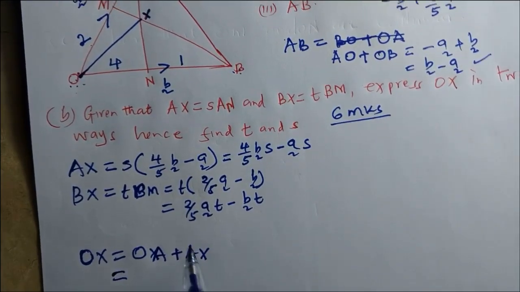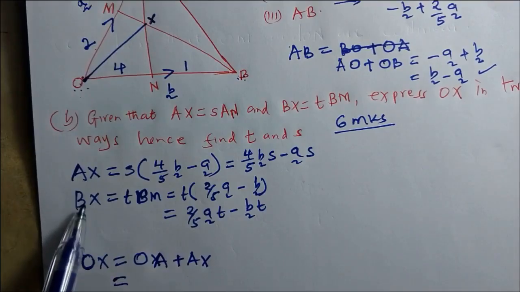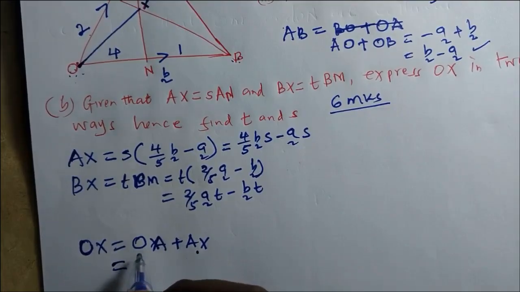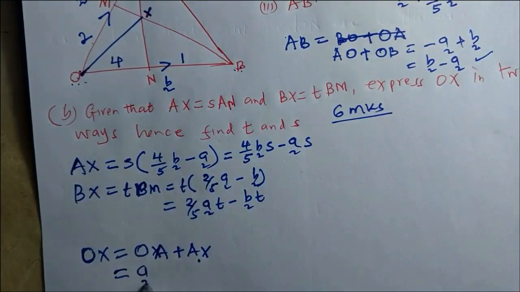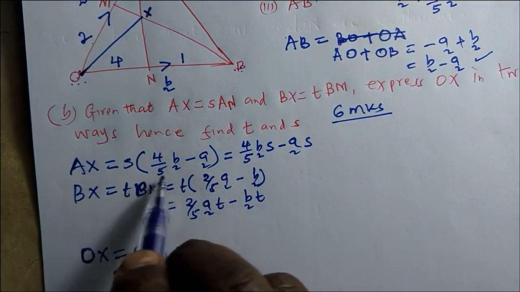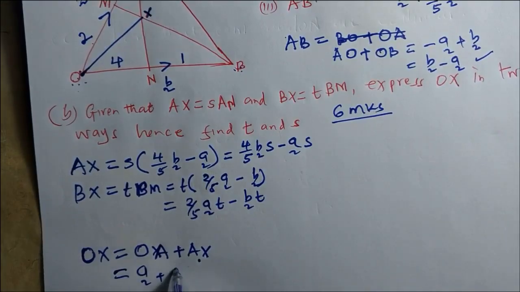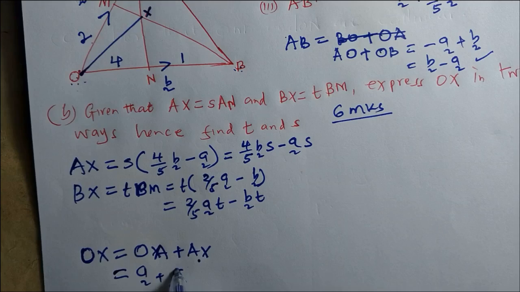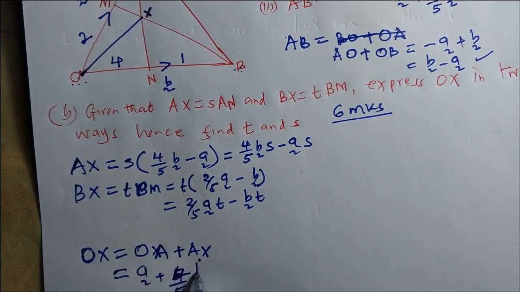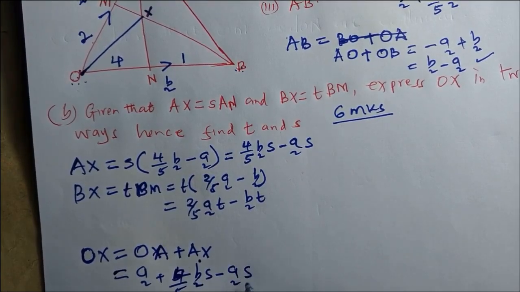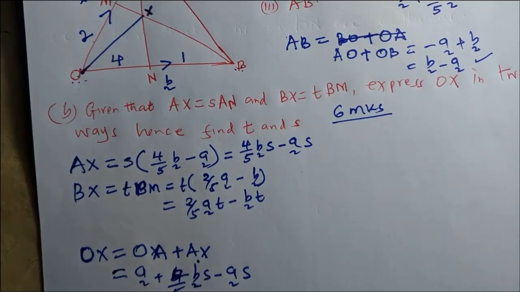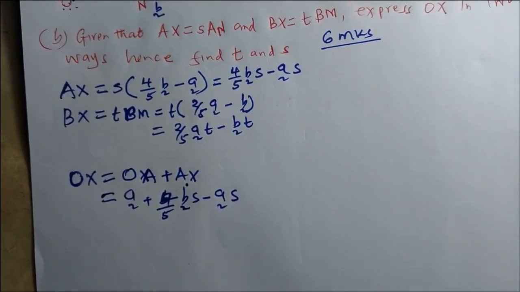Make sure you go in the direction that contains the values we have obtained, AX. OA we know is A, plus AX, which is 4 over 5 BS minus AS. That's one way of expressing OX.